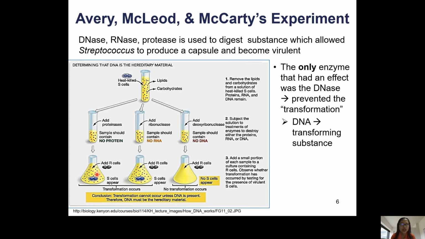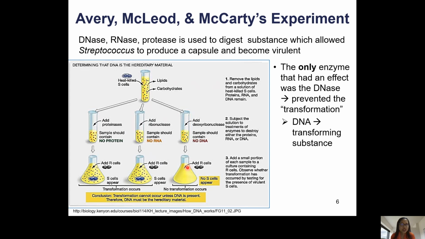On the first tube, after they add R cells and take samples afterwards, the S cells appear. Also in the second tube, they added R cells and then took samples and the S cells appear. So transformation occurs in these two groups. And on the third treatment group, they also added R cells, but no S cells appear, so no transformation.